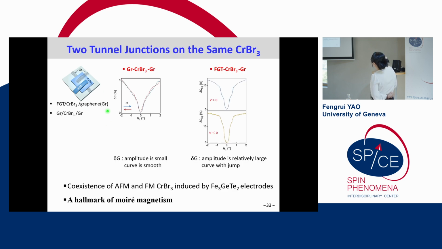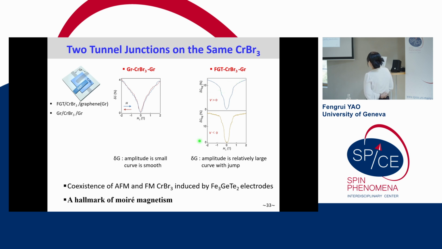As we expect, when we only use graphene as electrodes, we measure this. We observe this small magnetoconductance with no jumps. And when we use FGT as one of the electrodes, we observe this relatively larger magnetoconductance with small jumps.